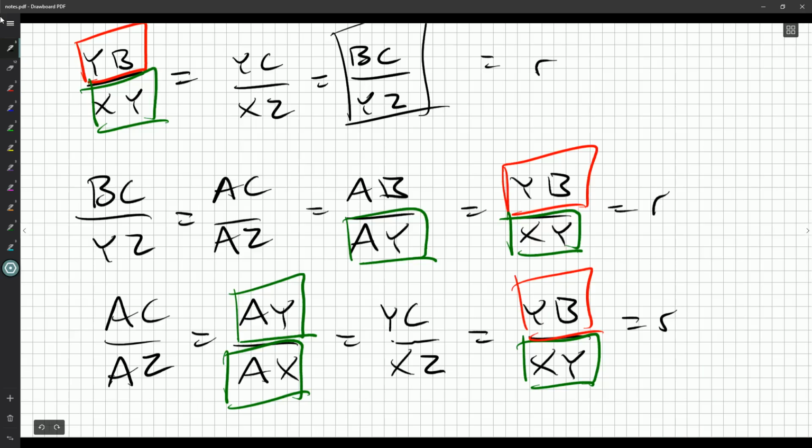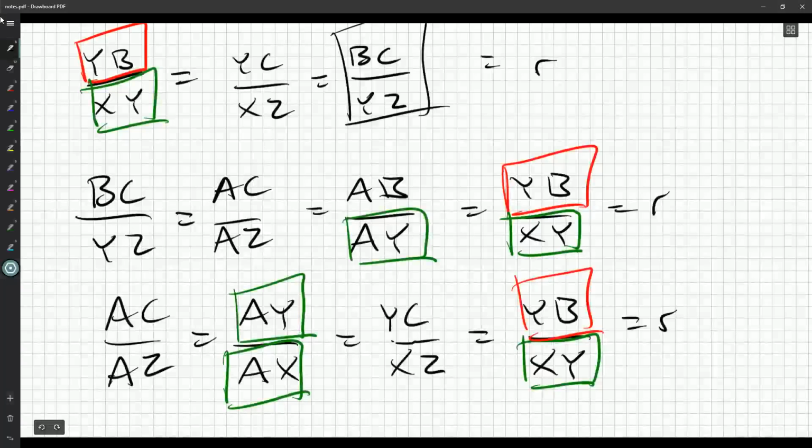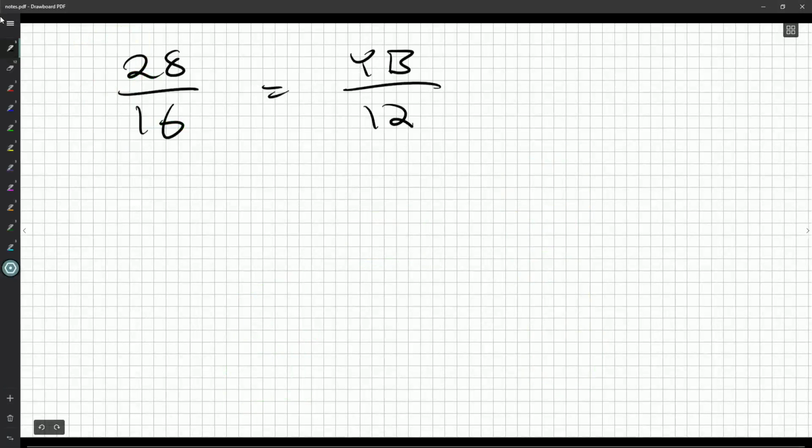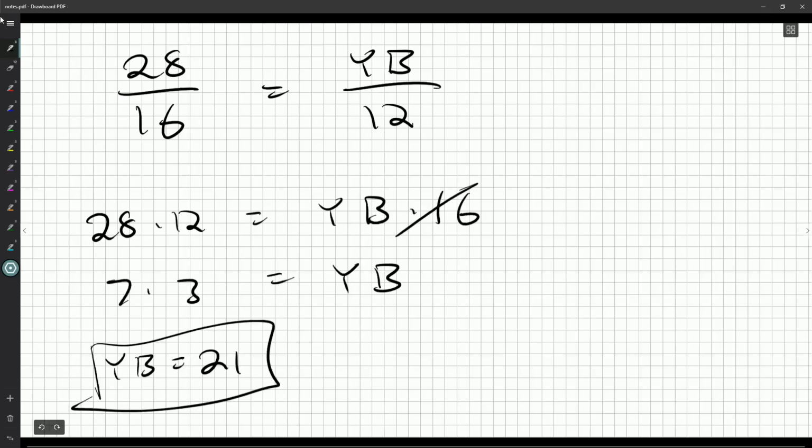So AY is 28. 28 over AX, which is 16, is YB over 12, which is XY. Just double check. XY is 12. AX is 16. So AY should be 28. Alright, so we're good. So 28 times 12 is the same as YB times 16. Divide by 4 and 4 on both of them, so I get 7 times 3 is YB. So YB is 21. And there we go.